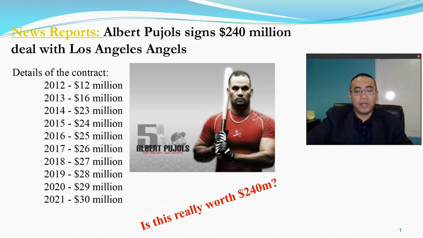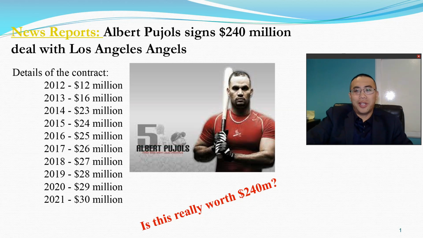Or let me put it this way, between a series of annual payments and $240 million upfront, which one do you prefer? Do you prefer to be paid on an annual basis with these numbers, or do you prefer to get $240 million upfront all at once? Well, the real answer probably is you prefer $240 million paid all at once upfront, all right?